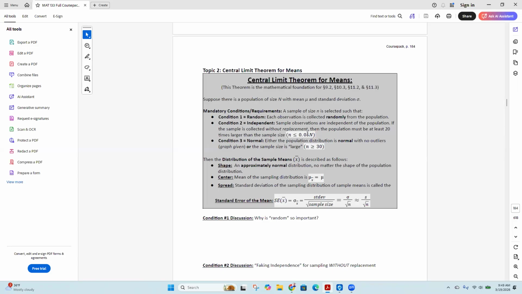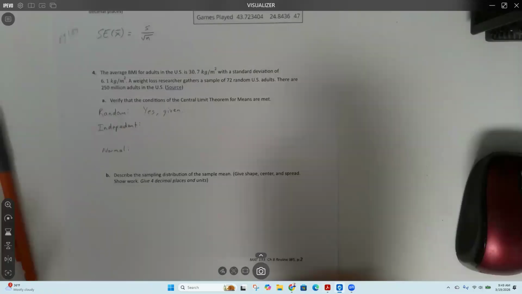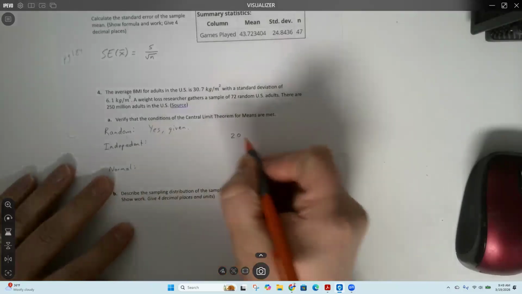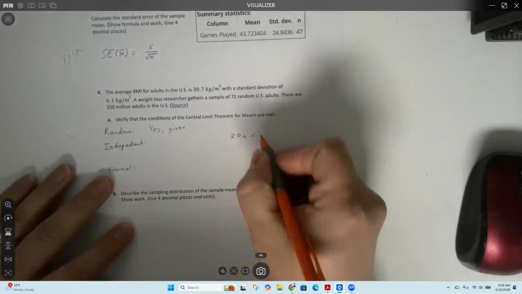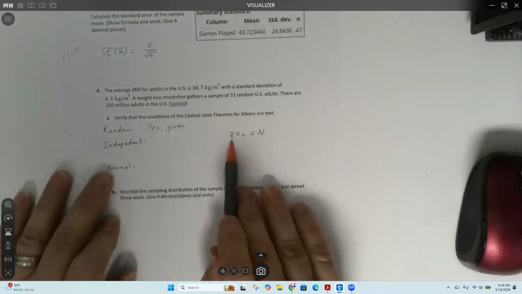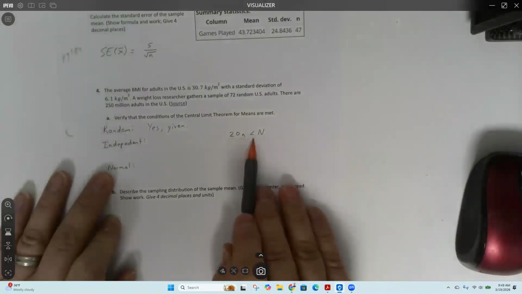Now, this formula right here, you can use this one, or you can use what it says here. The population must be at least 20 times larger than the sample size. 20 times 5% is 1. So in other words, if I wanted to move this 5% over to the other side, I could multiply both sides by 20. And so there's a different formula that you could use, which is 20 lowercase n has to be less than capital N. So this would be another good formula to write on your 8.5 by 11 piece of paper.